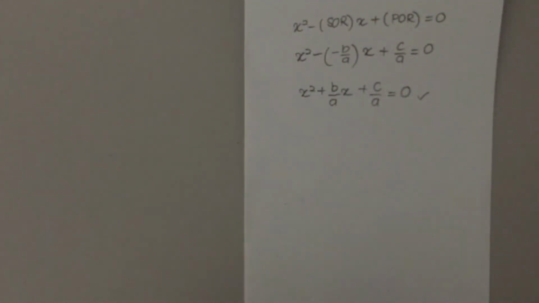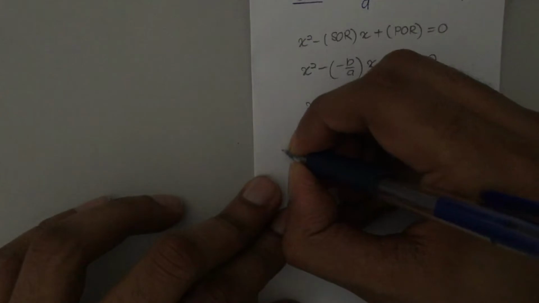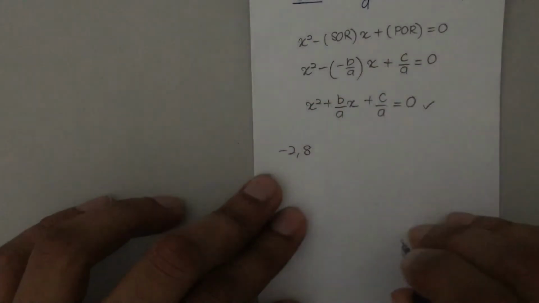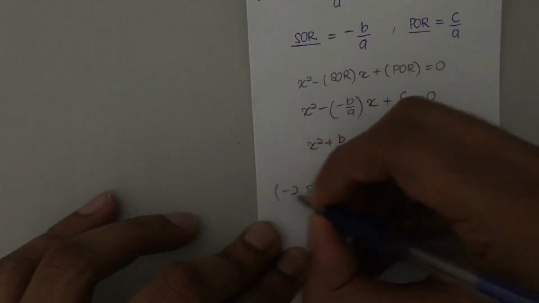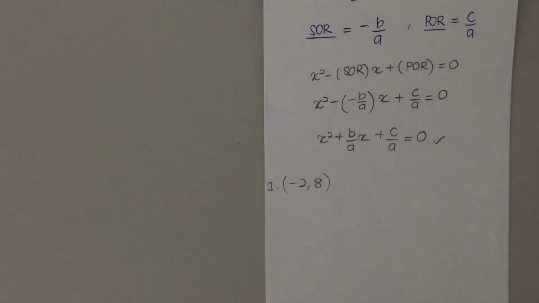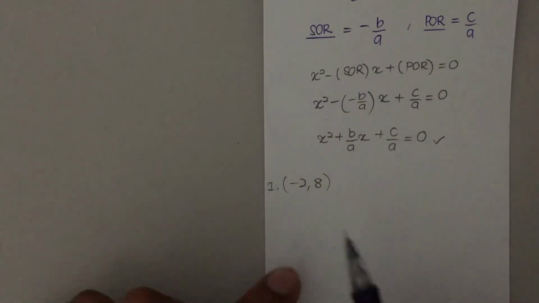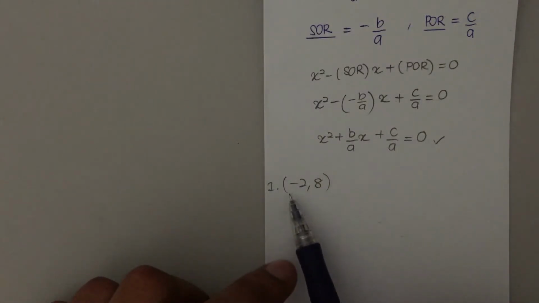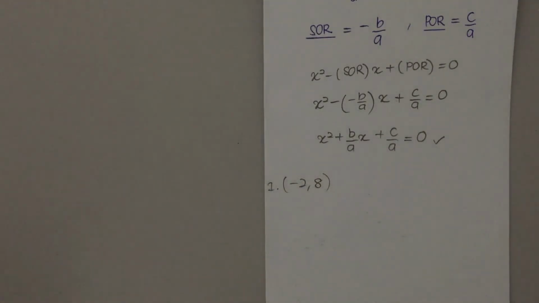Let's say you have roots of negative 2 and 8. Let's just write here number 1, indicating the first example. So the question asks you to form a quadratic equation based on the roots negative 2 and 8. So how are you going to form it?